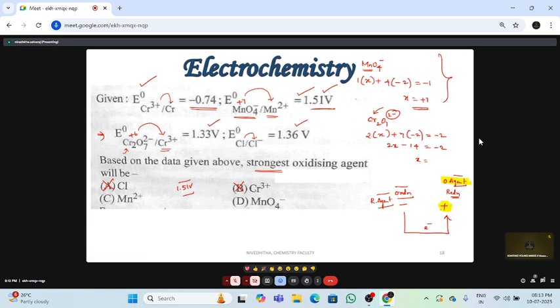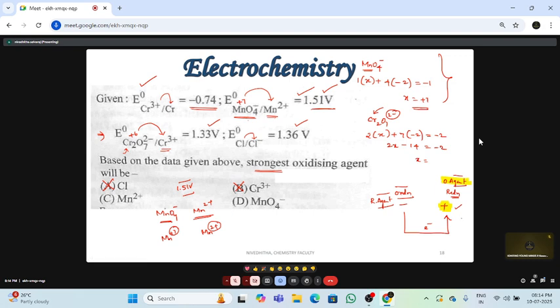According to our inference, if the metal has to be the strongest oxidizing agent, the electrode potential has to be more positive, right? So for 1.51, we have 2 species, MnO4 minus and Mn2 plus. Here the oxidation state of manganese is 2 plus and here the oxidation state of manganese is 7 plus. Among these two oxidation numbers, check for the higher positive value.